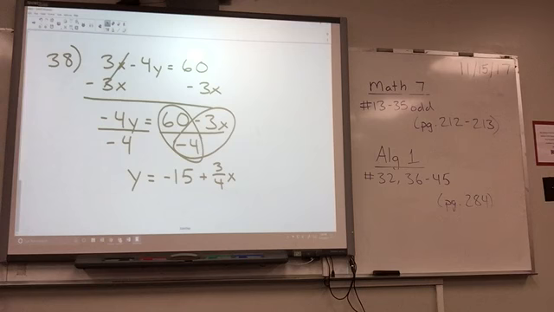Can I see your pencil? I'll show you what happens. What happens to this 4 and that 4? They cancel, and they become 1 over 1, right? So what's 3 times negative 1? Negative 3. So it's negative 15 plus negative 3, which is negative 18.